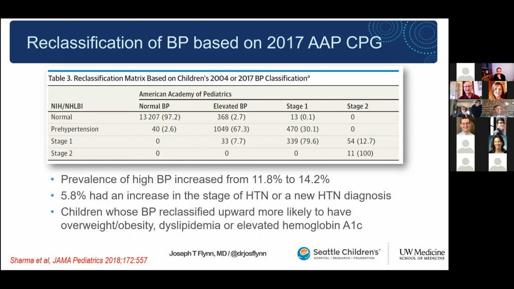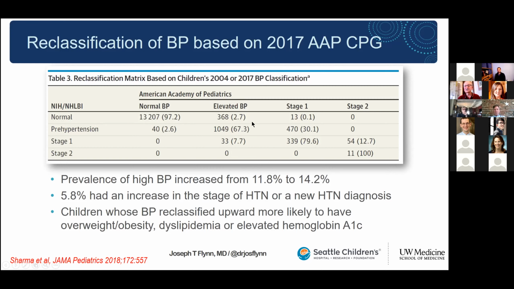So that's an increase. And then when you do the comparison, I'll just walk you through this top line for children. For children who are considered to have normal blood pressure by the fourth report tables, when applying the CPG tables, only 97% of them still had normal blood pressure.